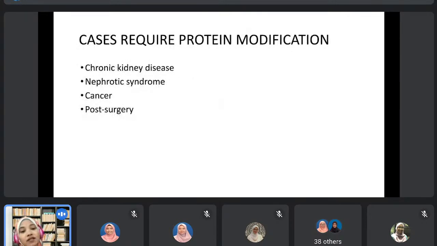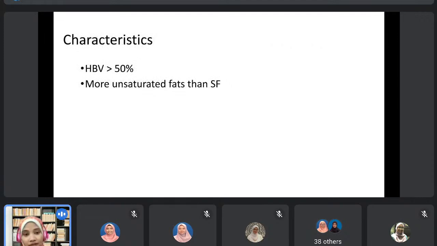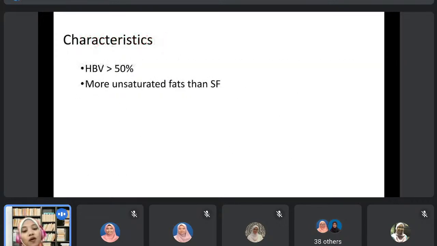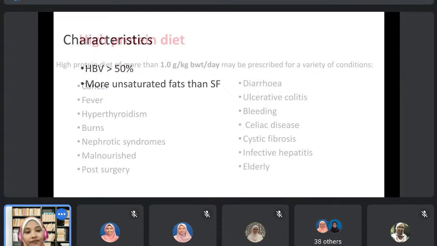Cases that require protein modification include CKD, nephrotic syndrome, cancer, and patients who have undergone surgery. The characteristic is that high biological value protein should make up more than 50%, and fat should come more from unsaturated fats than saturated fats.